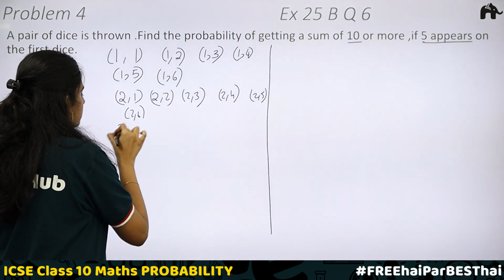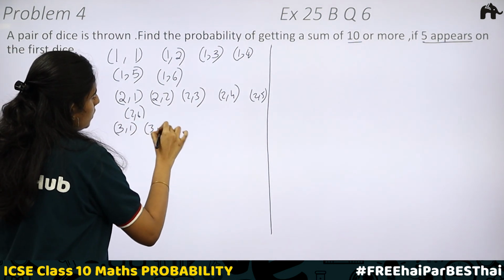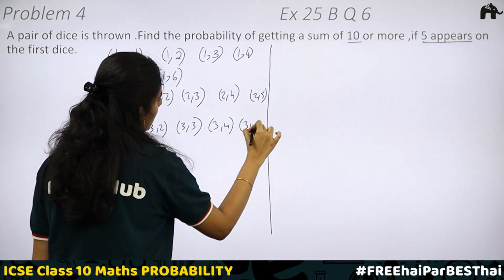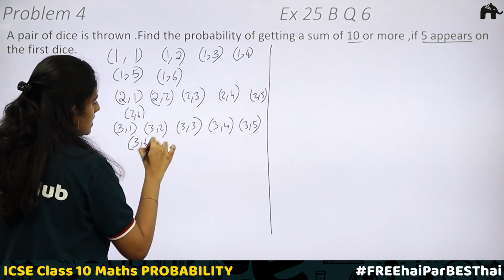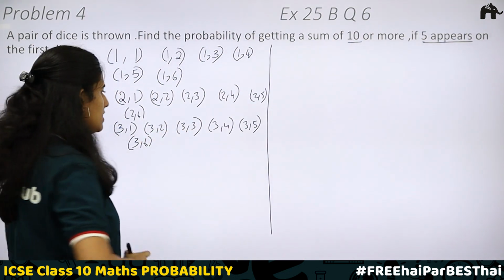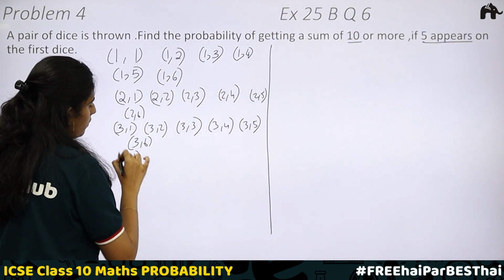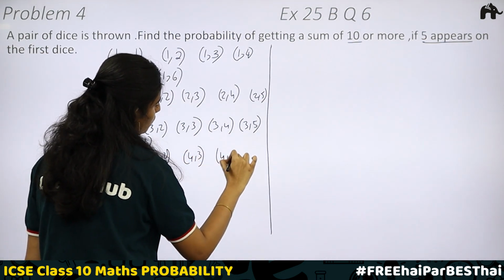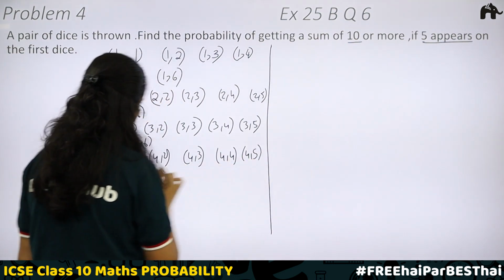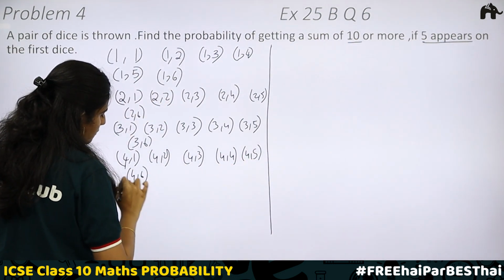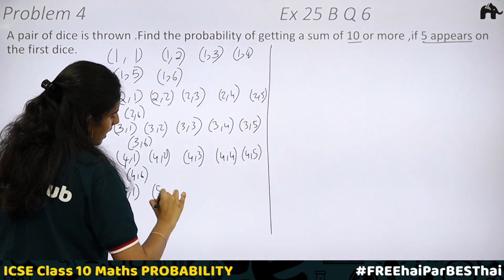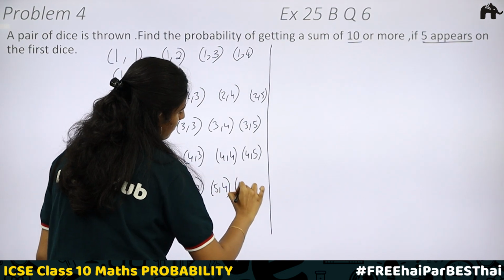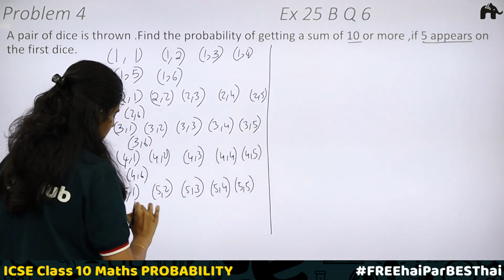Now when you take 3, 3,1; 3,2; 3,3; 3,4; 3,5; 3,6 are the 6 chances. When you have 4, 4,1; 4,2; 4,3; 4,4; 4,5; 4,6. Next 5,1; 5,2; 5,3; 5,4; 5,5 and 5,6.